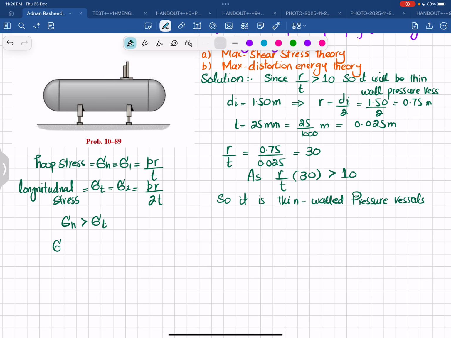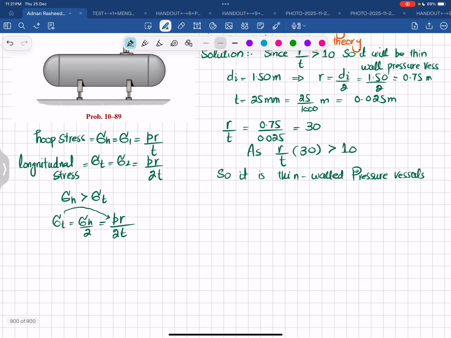I will also show you: the hoop stress is PR divided by T, and we have 2 in the denominator for the tangential stress, PR divided by 2T.